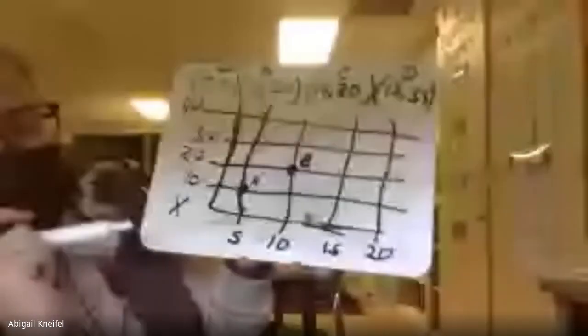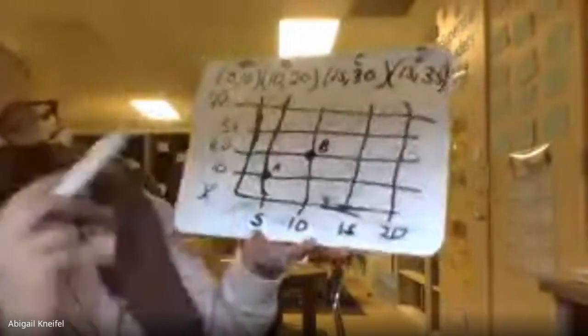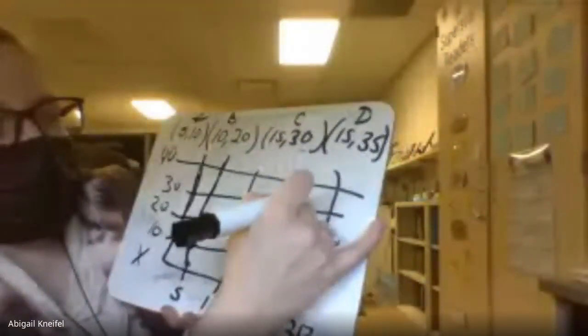We don't need to go middle anywhere. We're doing 15 and 30. So we have 5, 10, 15, 20, and we have 10, 20, 30, 40. You're gonna go across to 15 and then up to 30. Perfect. This one's going to land right on a line. Over 15, up 30, C.